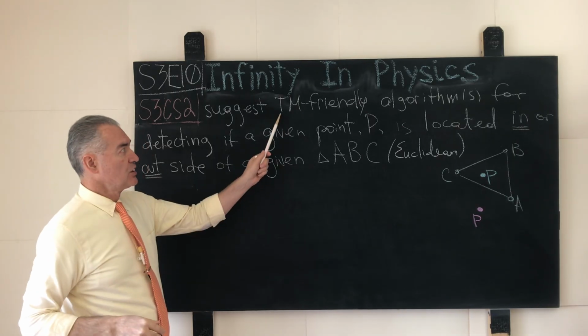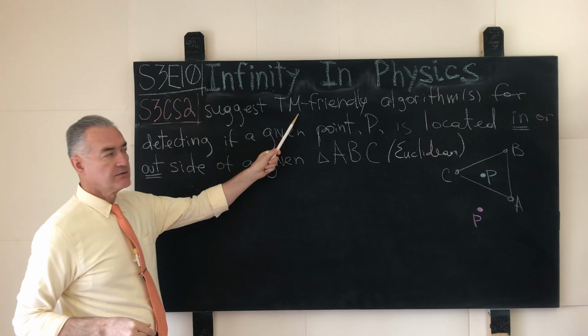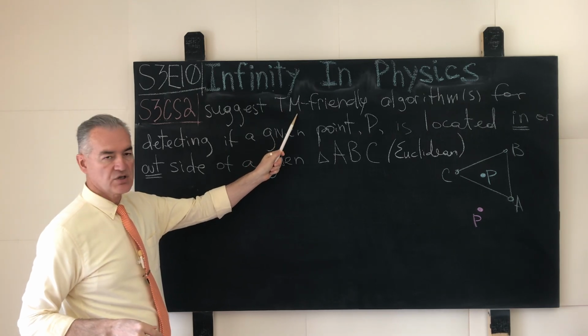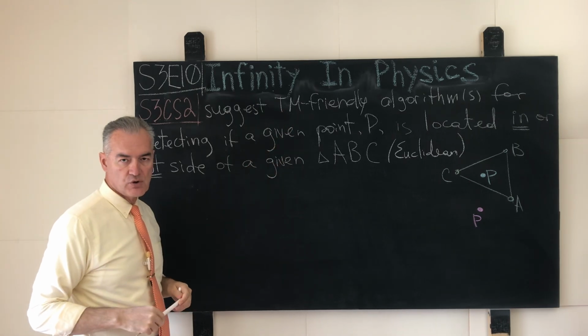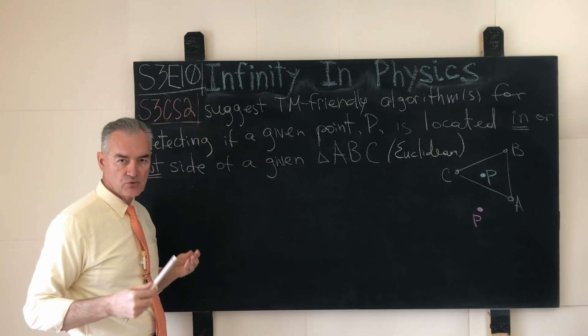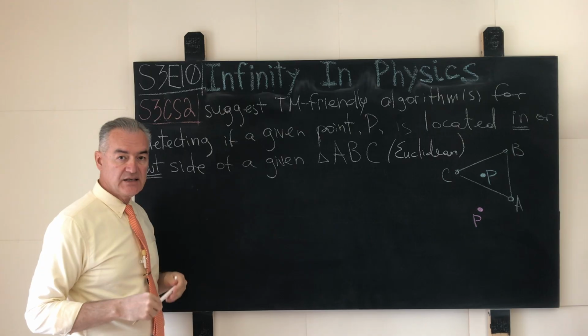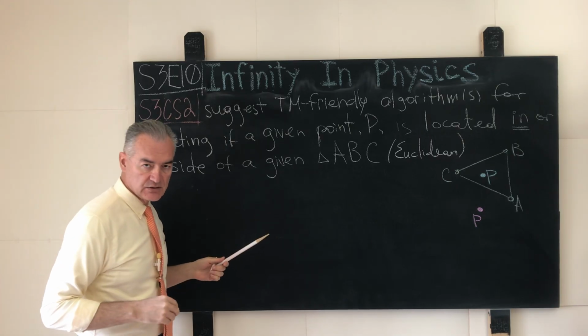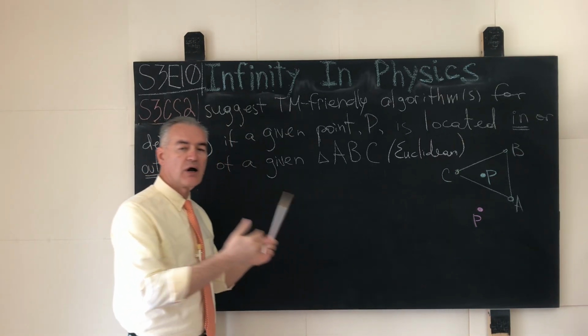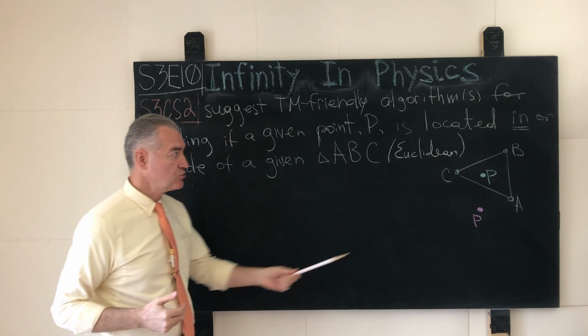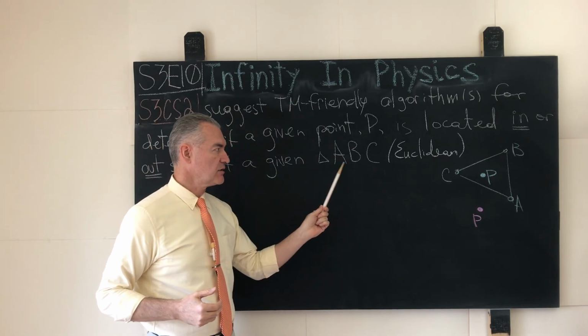Suggest a Turing machine (TM) friendly algorithm, or algorithms if you know several, for testing whether a given point P is located inside or outside of a given Euclidean triangle ABC.